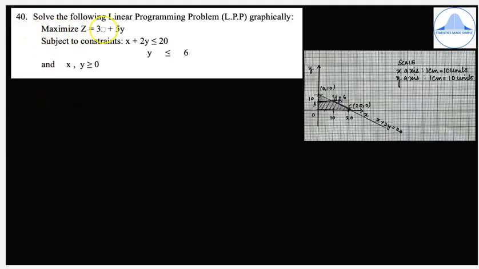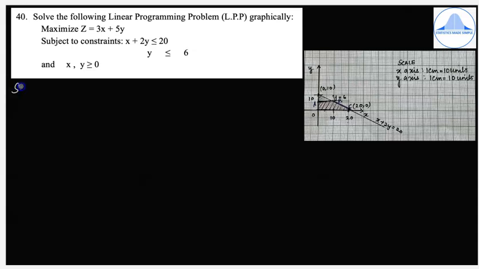40th question. Solve the following linear programming problem graphically. Maximize z equal to 3x plus 5y subject to the constraints x plus 2y less than or equal to 20, y less than or equal to 6, and x comma y greater than or equal to 0.